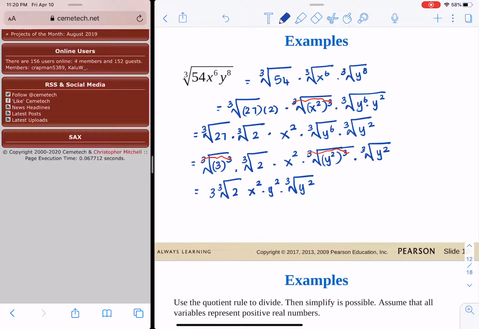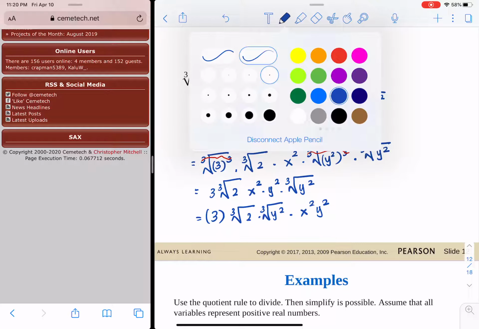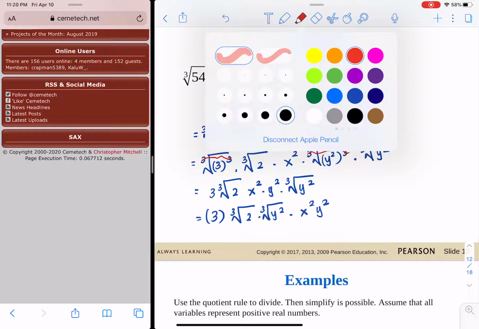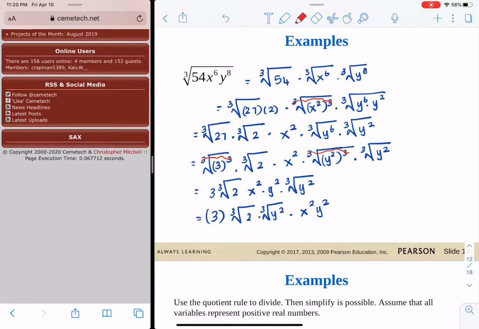So the 3, we can't do anything about it. We can bring the roots together. We could put the variables together. I'm trying to simplify this expression. Since I have identical roots, I'm going to revert back to combining them and putting it under the common root.